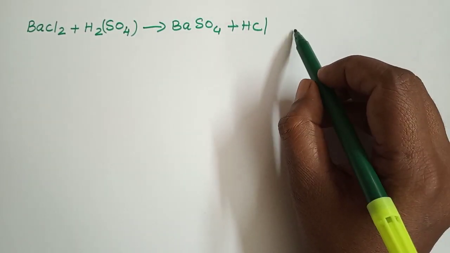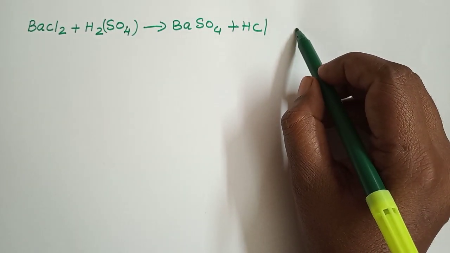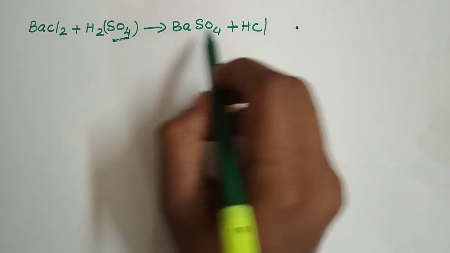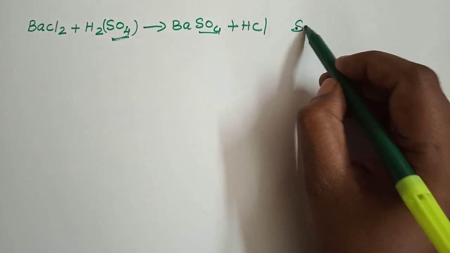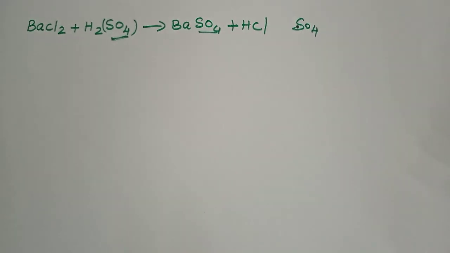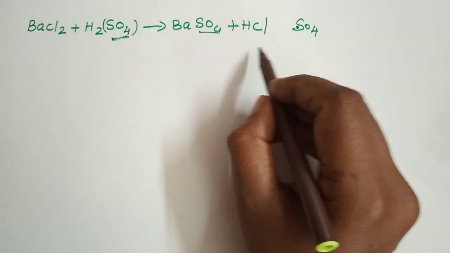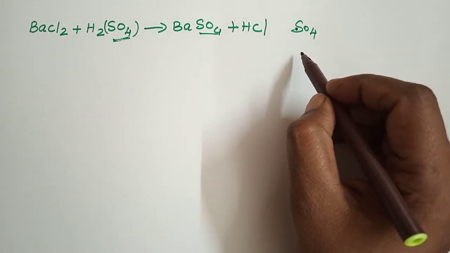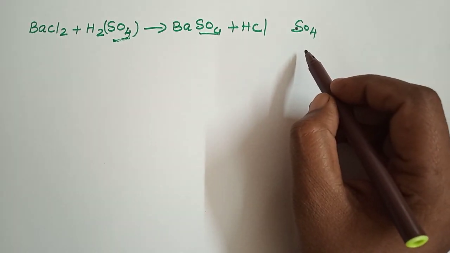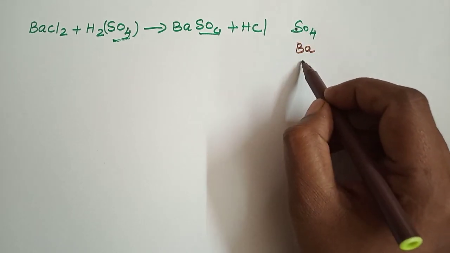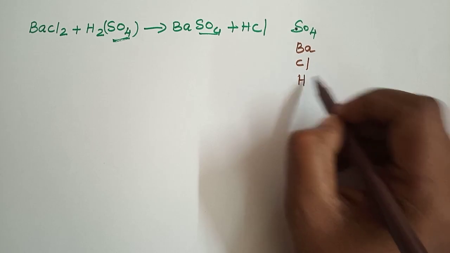First we see whether any compound materials are there. We have the compound SO4 on both sides, so first we write that SO4. Next, any metals? No. So barium, chlorine, hydrogen.